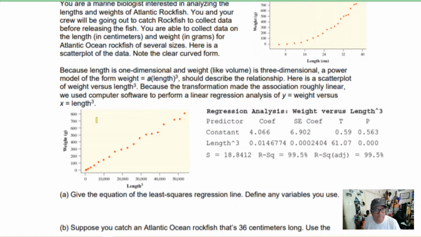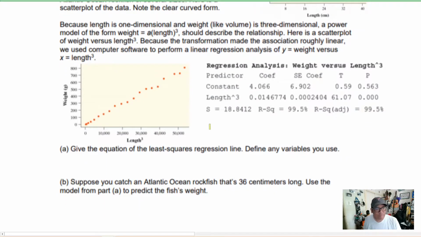Here is the analysis. Okay. So let's review what we just learned in the previous section. Here's my value of b. Here's my value of a.